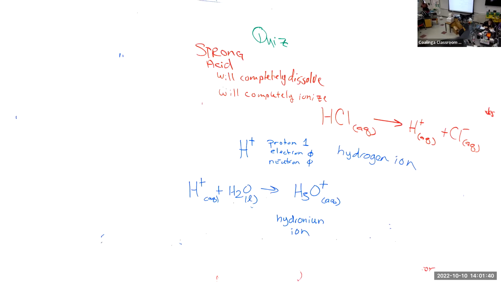It's going to break up into its ionic components, so you have the H plus and the Cl minus ion. When I make reference to this, I'm making reference to what? The hydronium ion. Now, a weak acid.